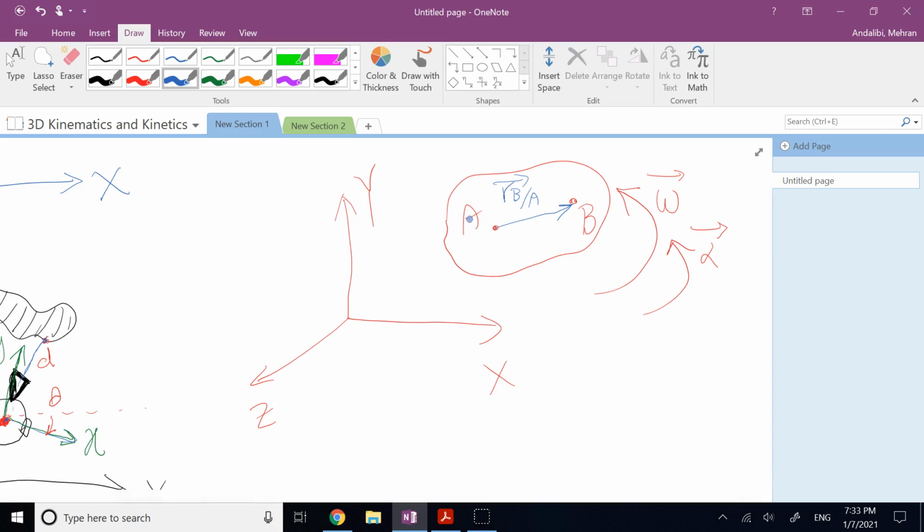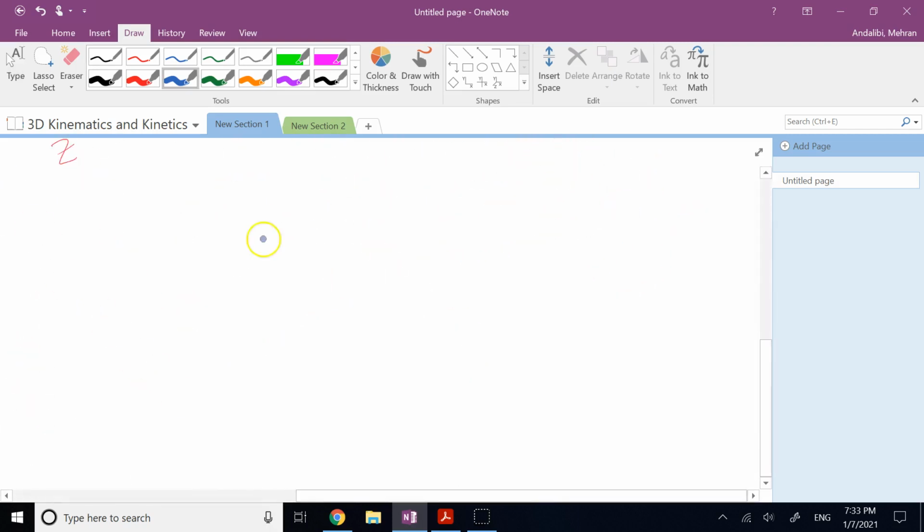Those formulas are not limited. So I can still say V of B is V of A plus omega of the object cross R of B with respect to A. This formula is still valid.